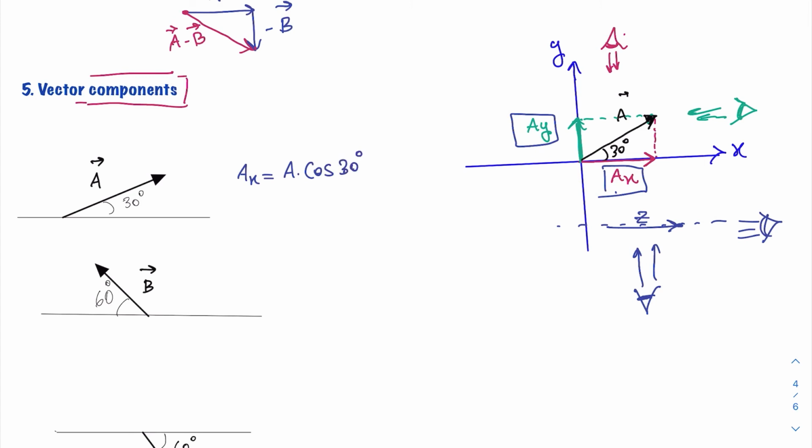Here alpha is 30 degrees. And the vertical component, A y, is defined as the magnitude of vector A times sine 30 degrees. So this is the way we can find the magnitude of these vector components, the components of this vector.